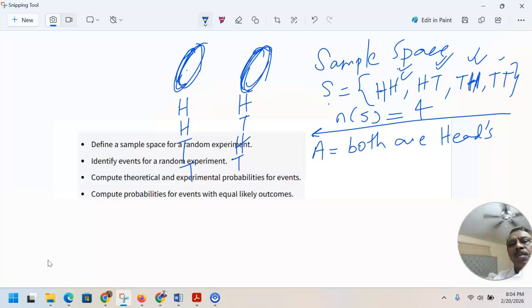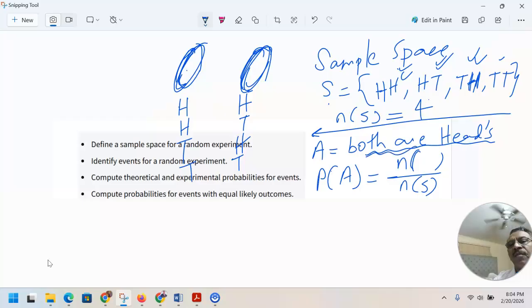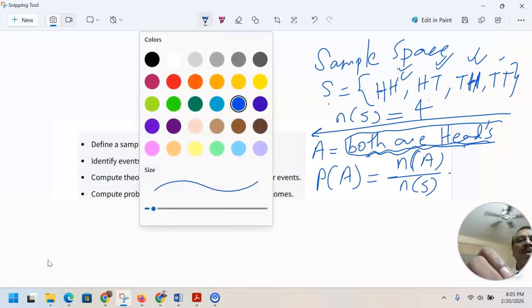So what is the chance this can happen? What is the probability that event A will occur? And you can see the ratio. The total number of outcomes is four, which is the sample space, and the number of outcomes that are favorable to this description, that both are heads, is A. You can see there's only one option in this example.